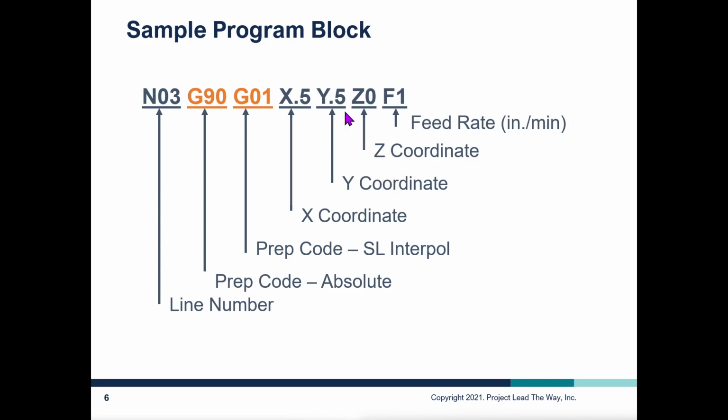And it's going to do all three of these at the same time. So it will move X, Y, and Z at the same time. And it's going to do that with a feed rate of 1 inch per minute.